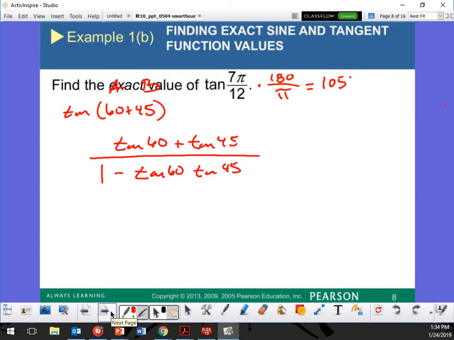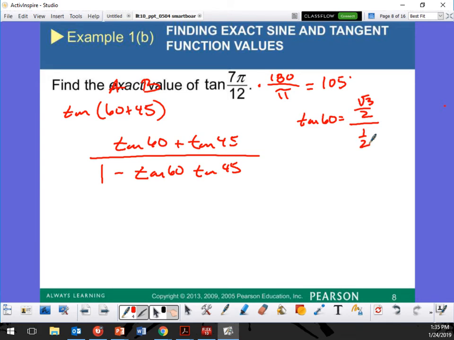So we know tangent should be the sine over cosine, right? So go find 60, please. The sine is going to be square root of 3 over 2. What is the cosine? 1 over 2. And what do I have to do with those values?